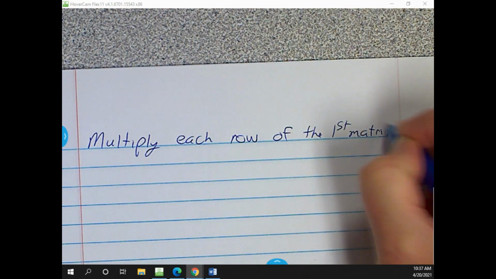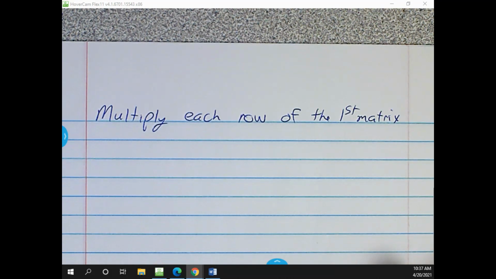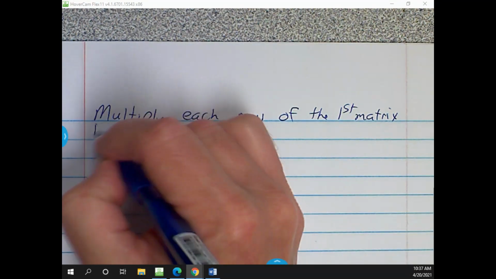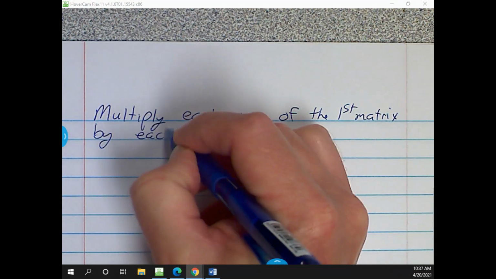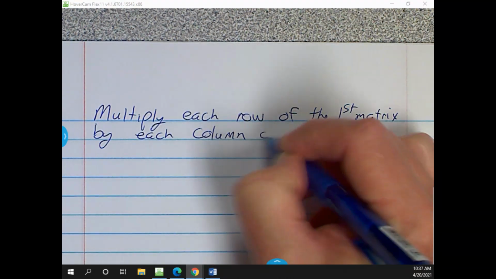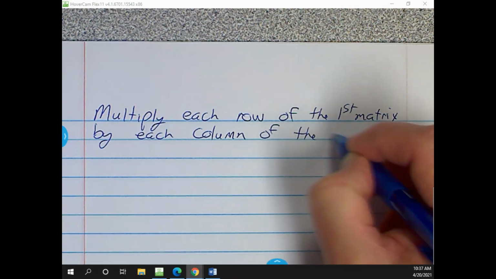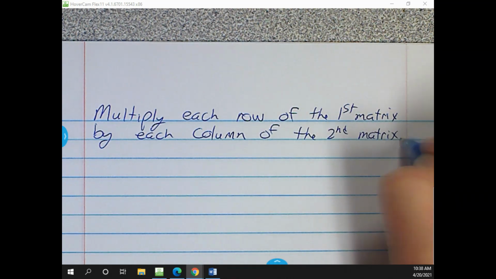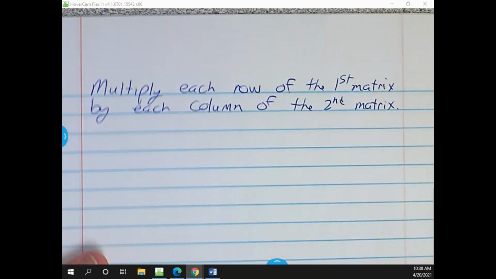To do the actual multiplication, you multiply each row of the first matrix by each column of the second matrix. And that's it.